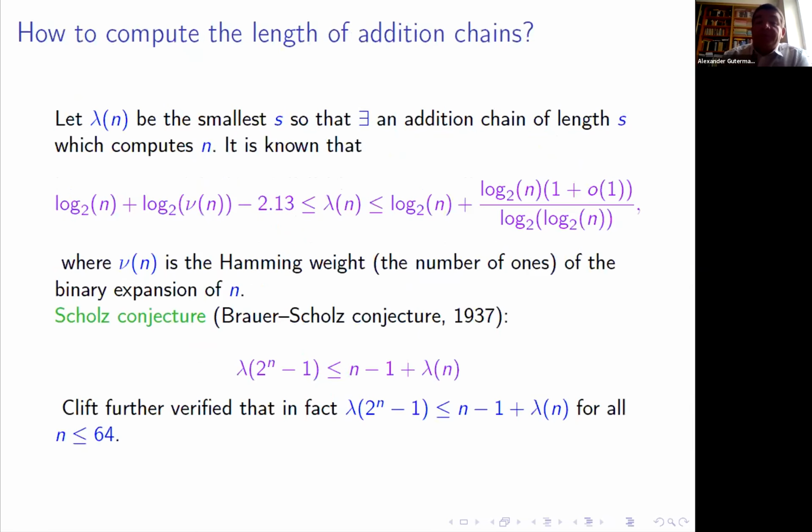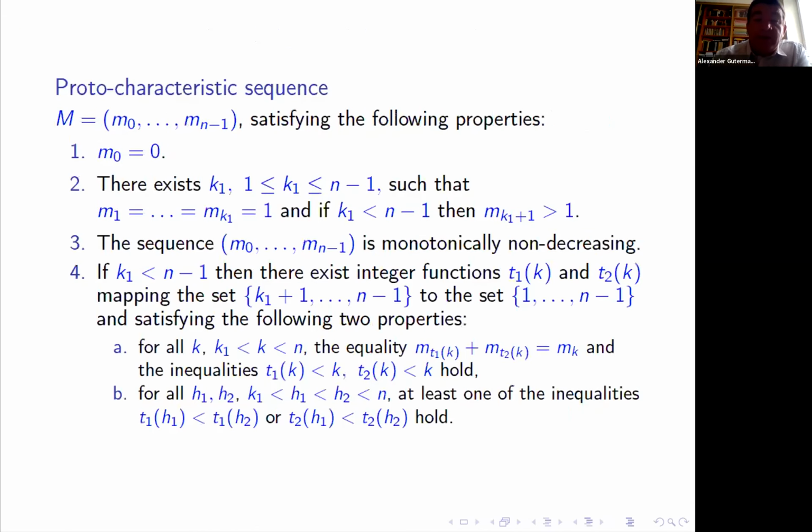And these studies of additive chains are an important subject in combinatorics, and so in this situation, for example, there is the Brauer-Scholz conjecture about length computation of additive chains, which is still open.